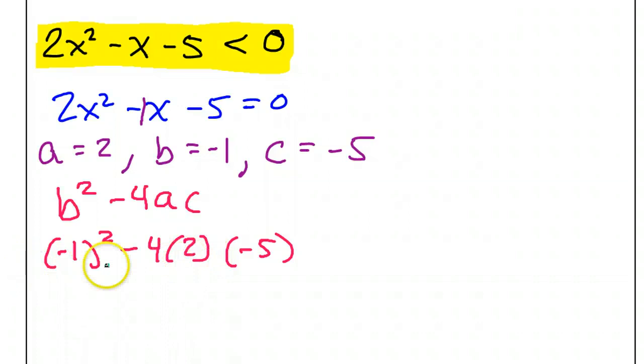This is called the discriminant. Notice my use of parentheses. You have to use parentheses if you're going to put this in a calculator. You should be able to do it mentally, but if you can't, then you've got to use parentheses.